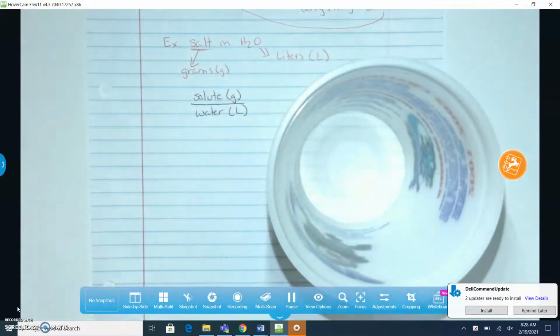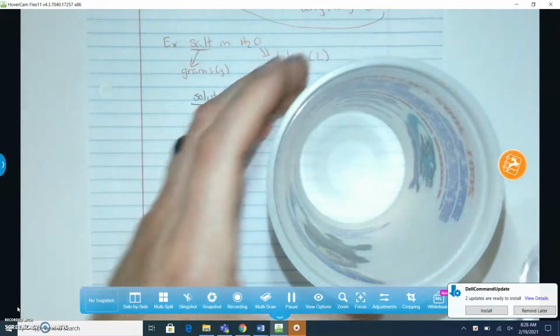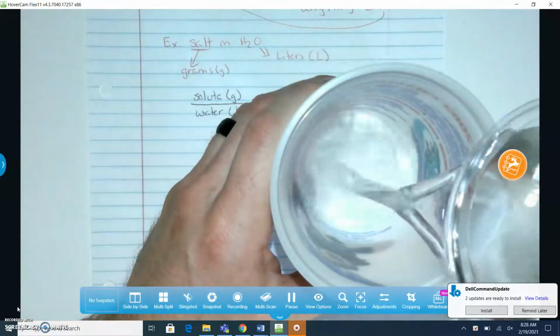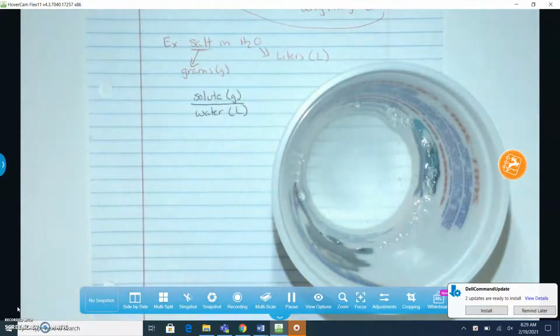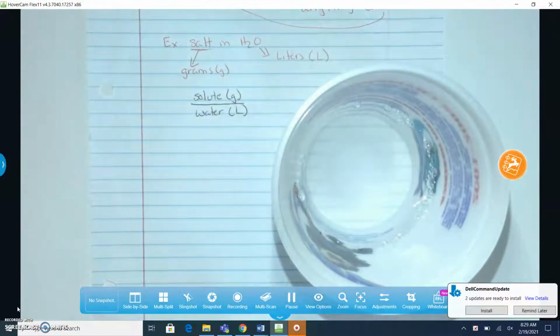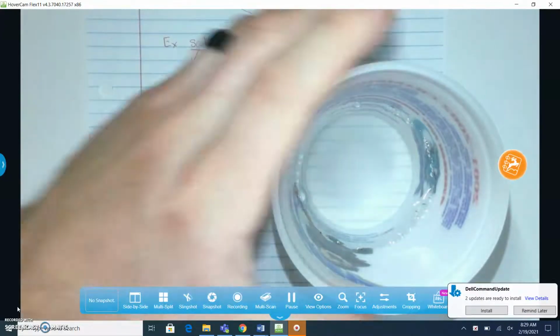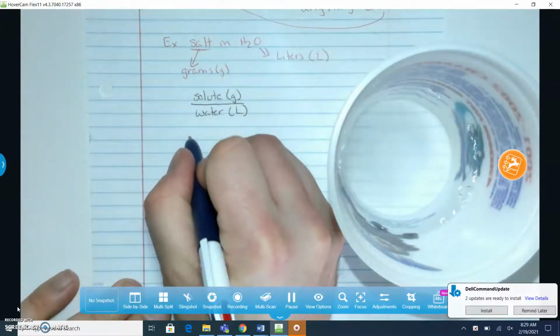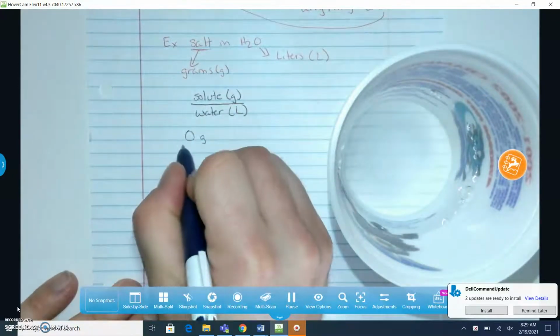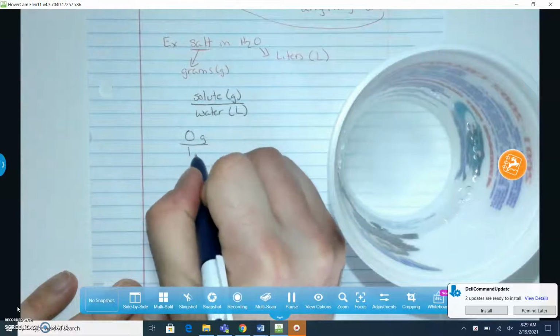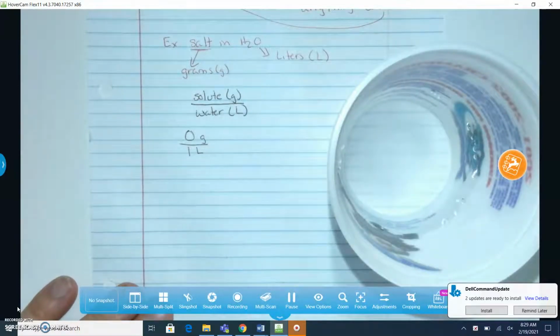So let's look at a couple examples of this. I have my cup, and I'm going to pour a liter of water into that cup. Right now, what is the concentration of that water? Let's think about it. We have no grams of solute. We have 1 liter of water.